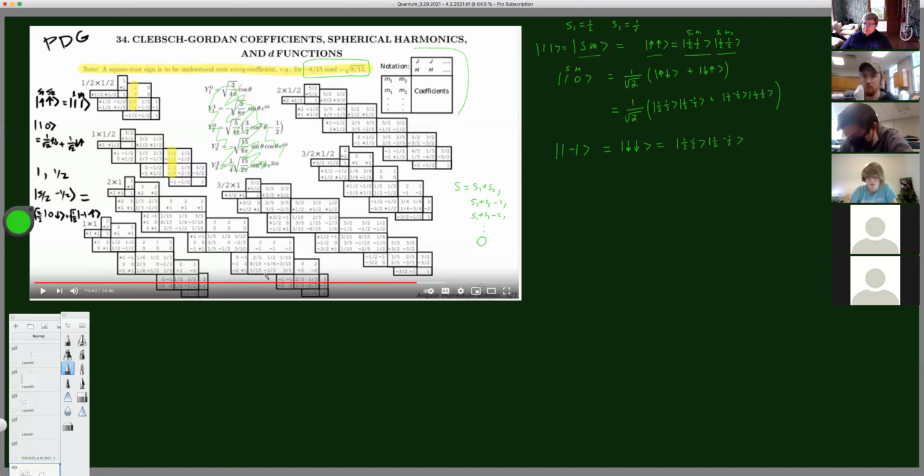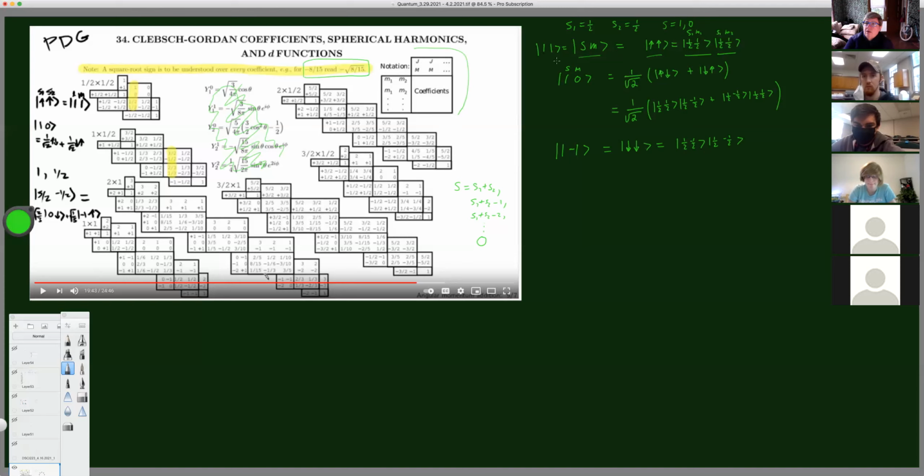Got that? Okay. So remember, for our case here, for the spin 1/2 plus spin 1/2, the total S can be 1, which is S1 plus S2, and then S1 plus S2 minus 1, which is 0, and then we're done. Those are the only two possible things it can be.